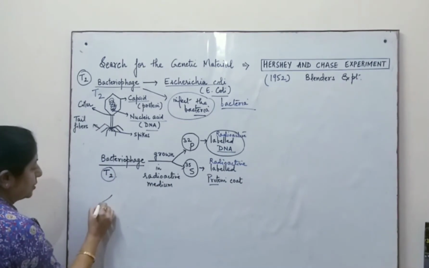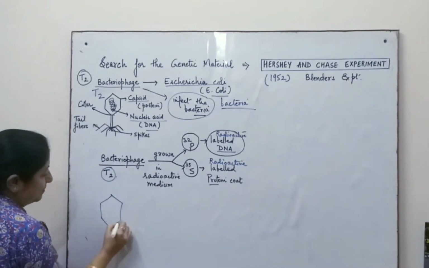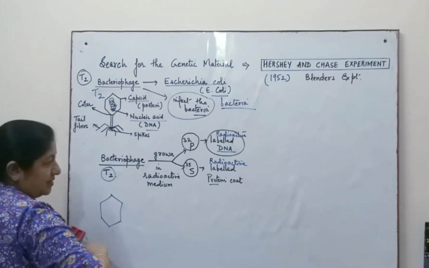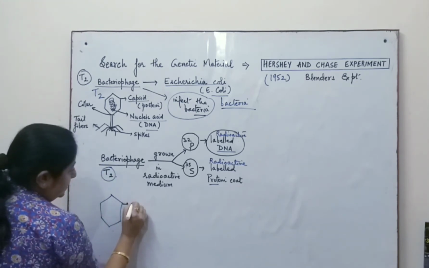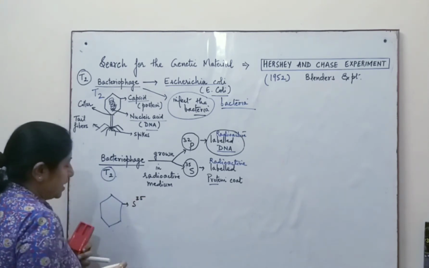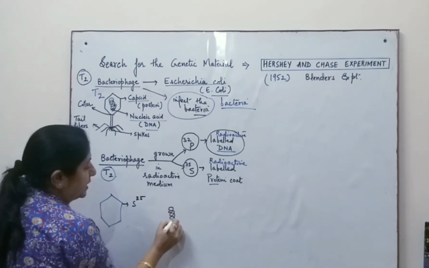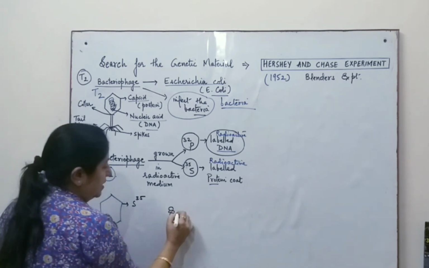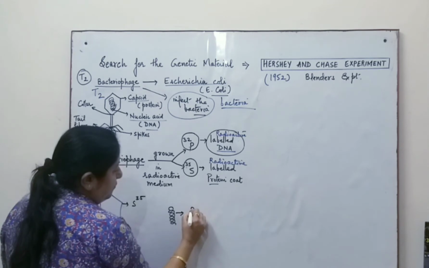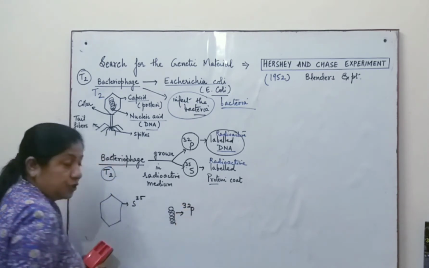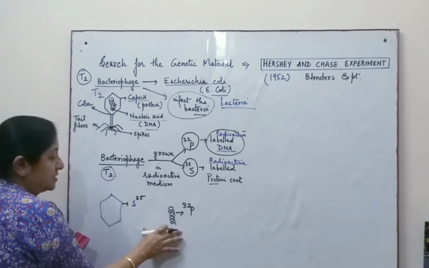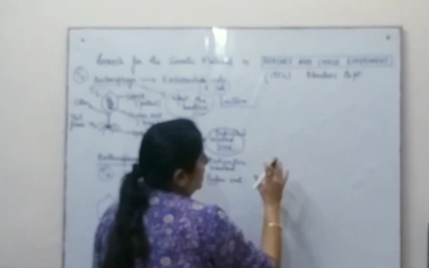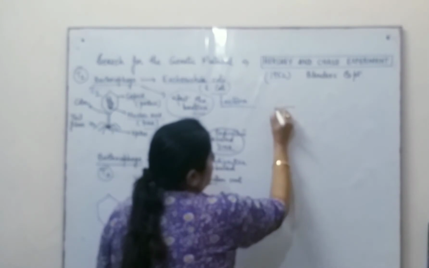The protein coat, which was the capsid, had radioactive S35 labeling, whereas the DNA, that is the nucleic material, was labeled with phosphorus P32. These two were grown, and the two were allowed to infect the bacterial cell.